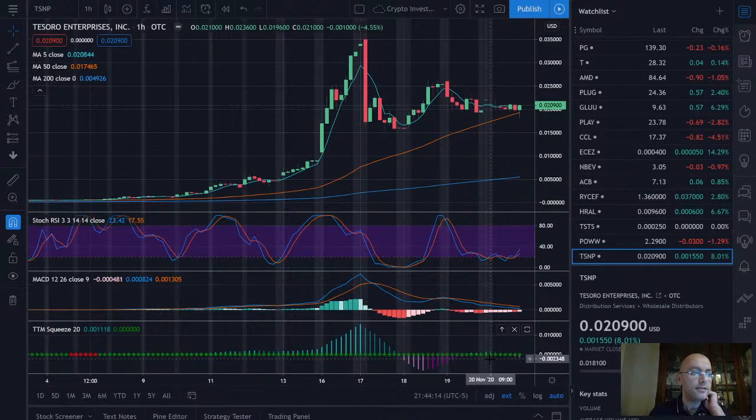As we're looking at TSNP, the stochastic bottomed out, but price stayed flat and consolidated. When you see consolidation like that and the MACD stays above, would that give a better uptrend? Let me read that again. As we're looking at TSNP, the stochastic bottomed out. Where is that?